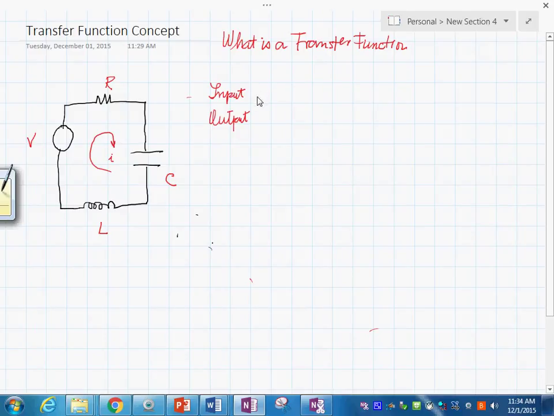The input in this case is the voltage. And we're going to say that the output in this case is V sub C. We choose what the output needs to be.